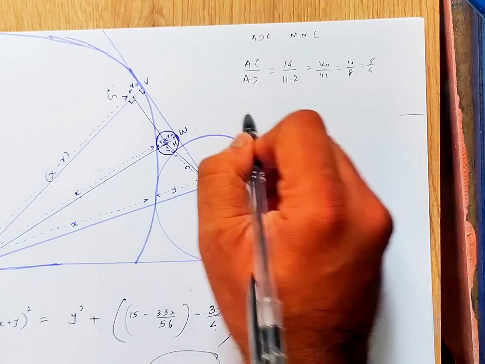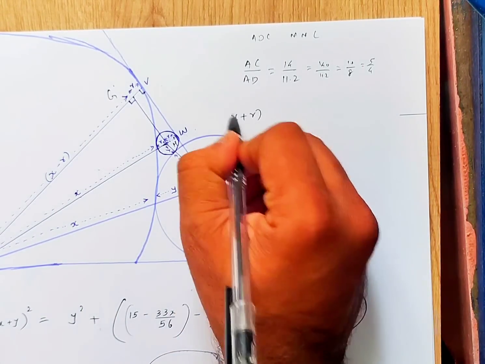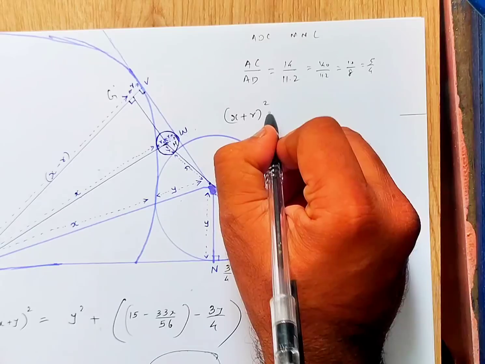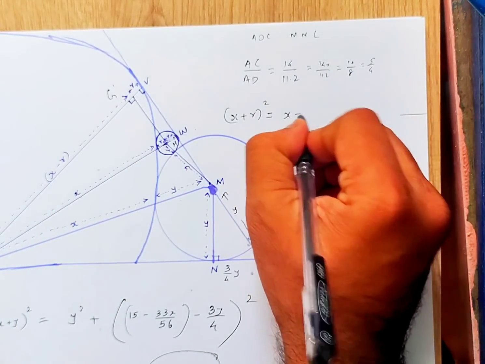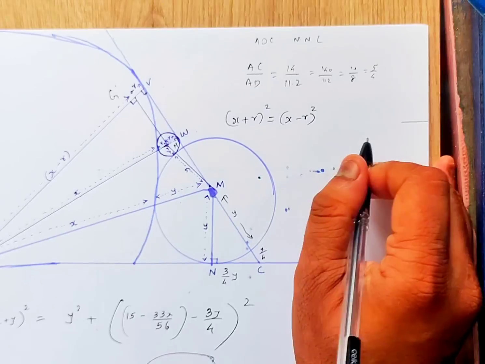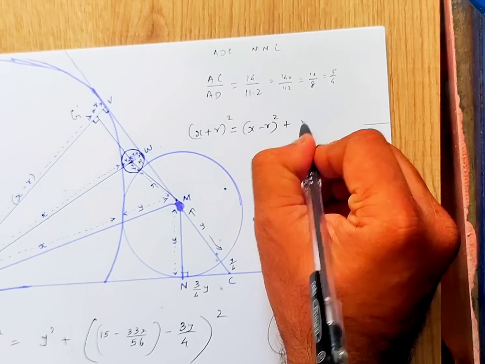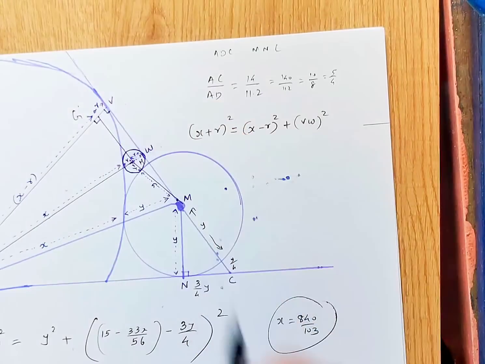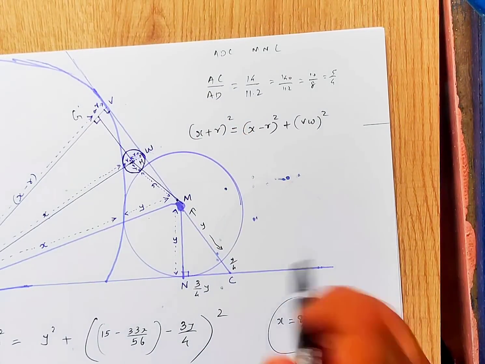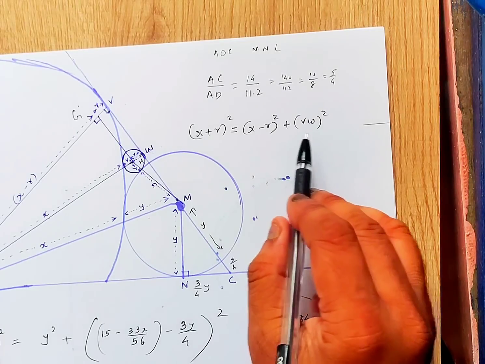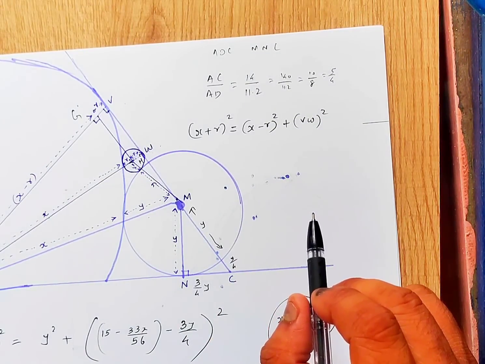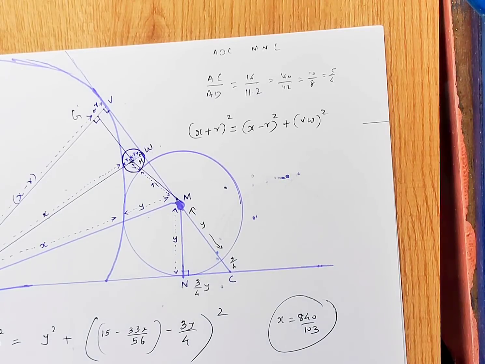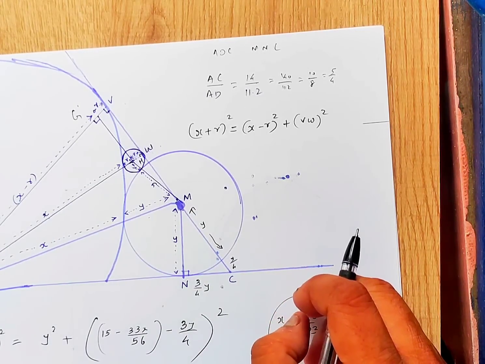So hypotenuse is clearly x plus r the whole square, equals, this is the height, that is x minus r the whole square, plus base, which is VW the whole square or GH the whole square, because it is inline. So now my focus is to find out only VW. If I get the value of VW in terms of x or y, I will get my value of r. Let us try to figure that out.